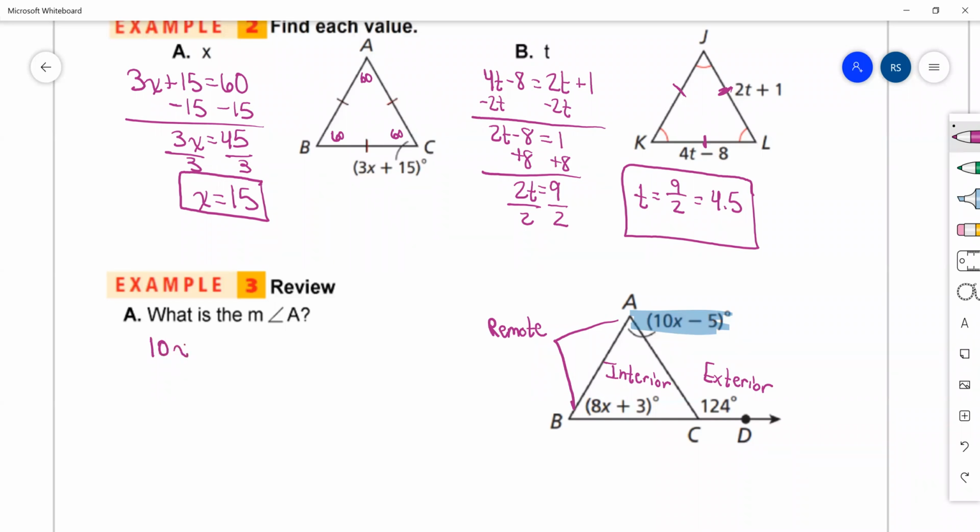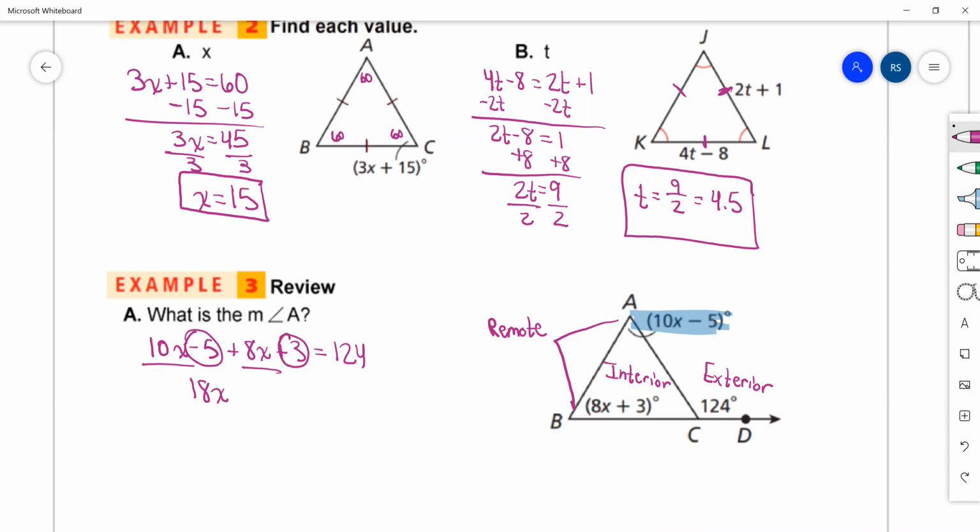So 10x minus 5 plus 8x plus 3 equals 124. So I'm going to combine my x's. 10x plus 8x gives you 18x.